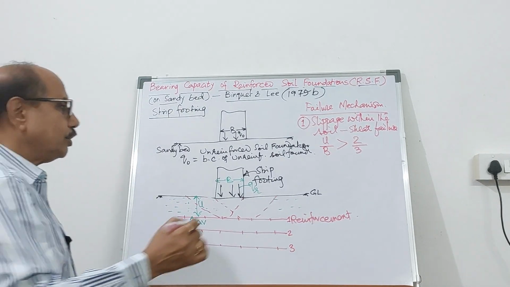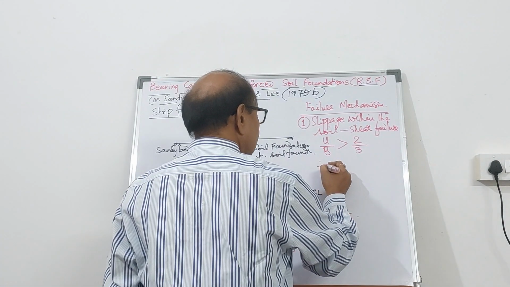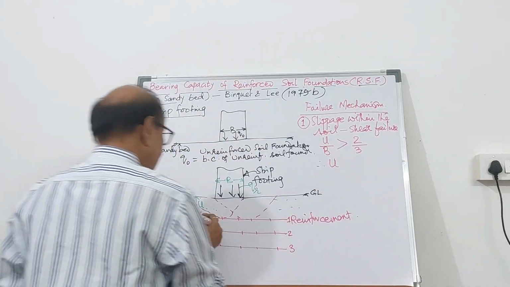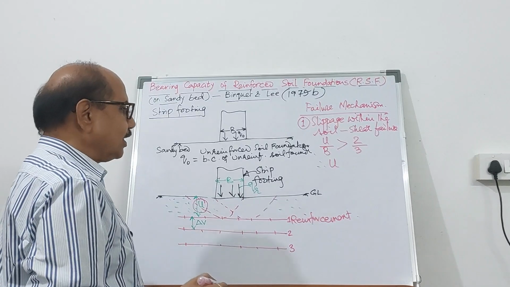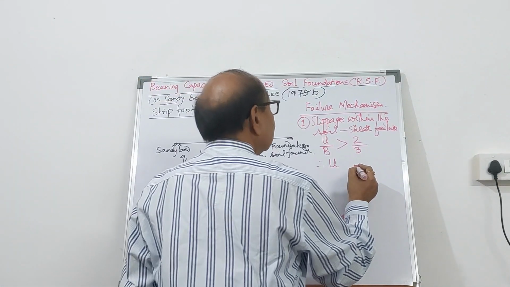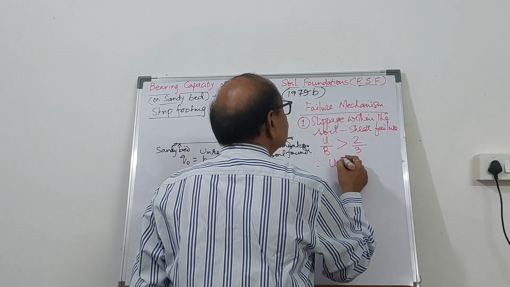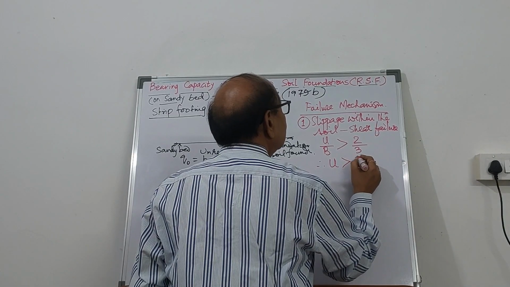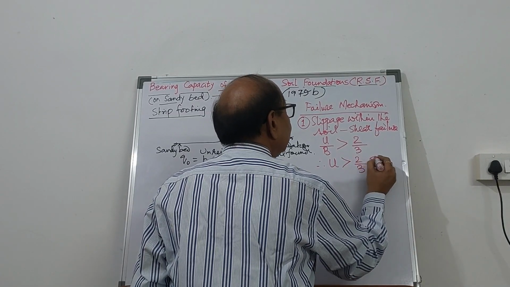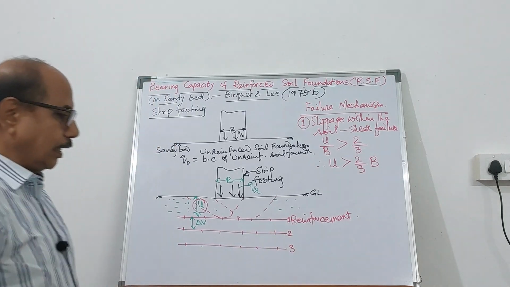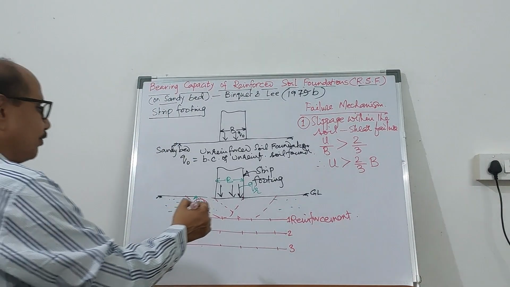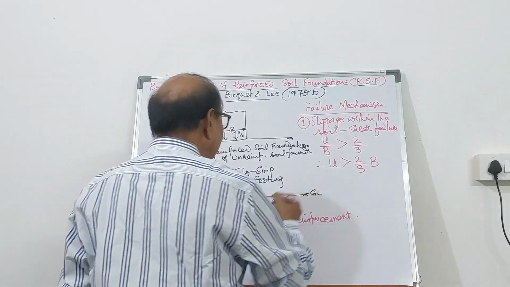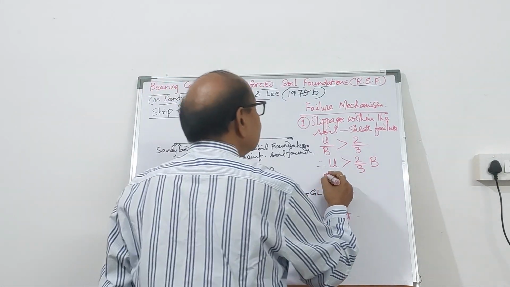So therefore, the vertical spacing of the first layer is greater than 2/3 of B. And if it is 2/3 of B, the shear failure is going to be above the reinforcement.